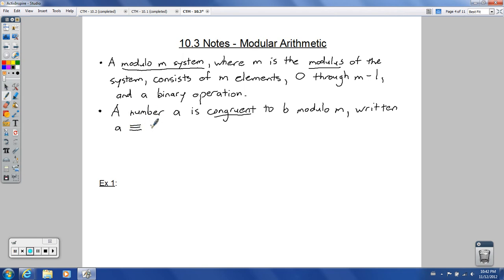So A is congruent to B mod M if A and B have the same remainder when divided by M.